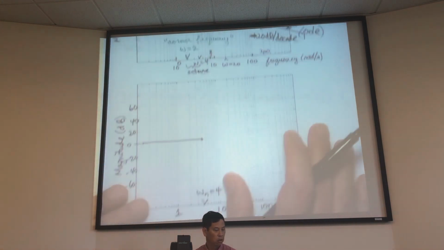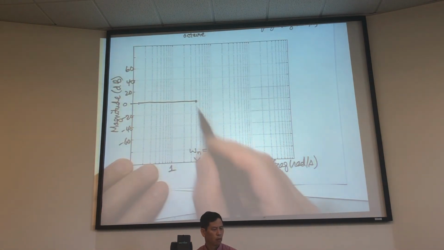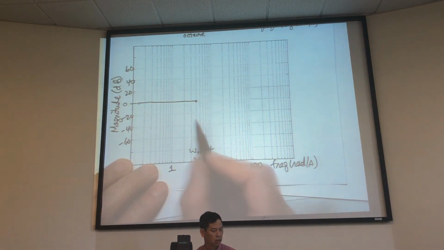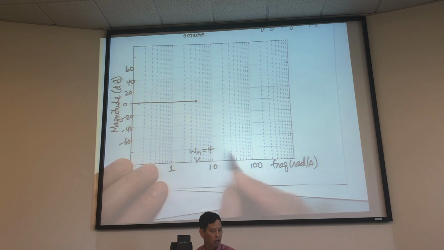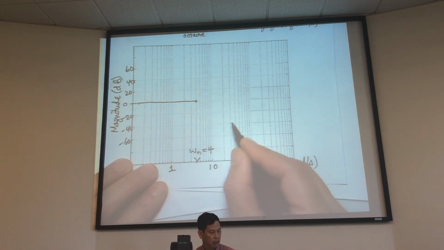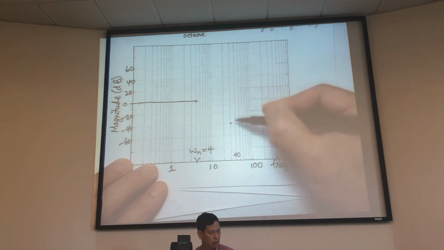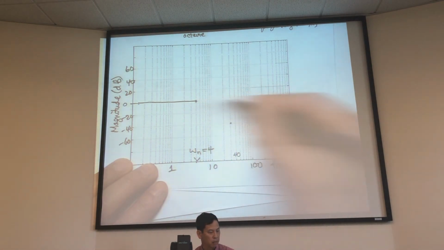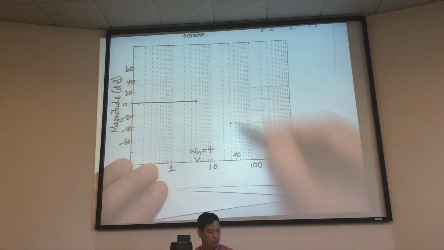So what we want to do is come down 40 dB after I go a decade. So a decade above 4 is 40. Here's 10, 20, 30, 40. Come down 40 dB and put another dot right here. Here's 0 dB. Come down 40 dB.